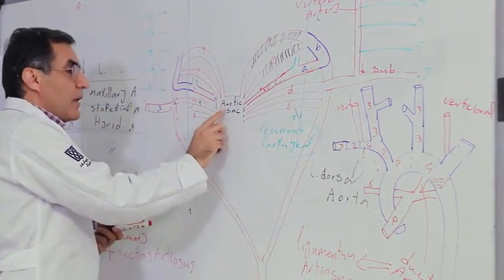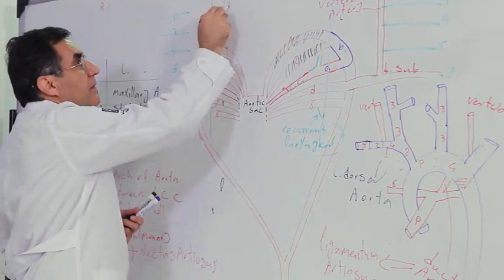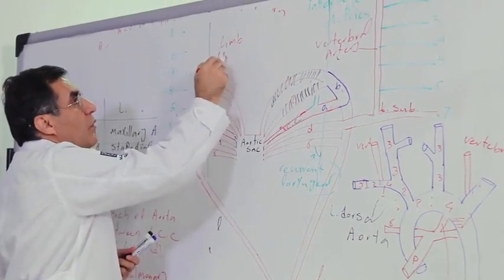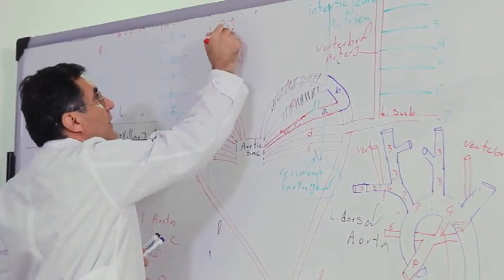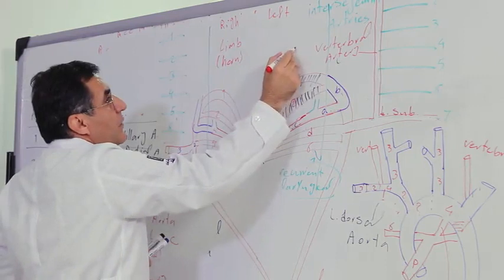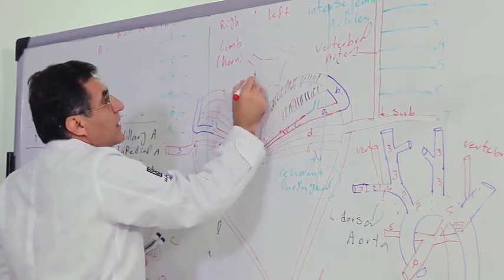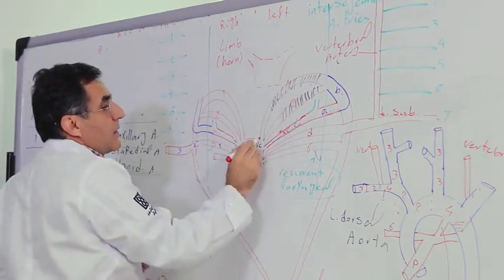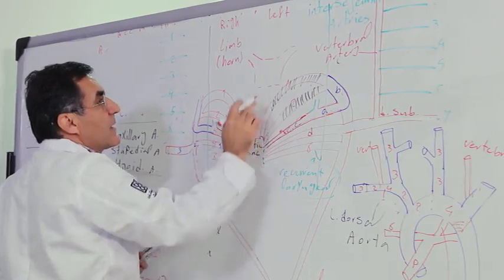As you remember, I told you that the aortic sac has two limbs or two horns. Some texts say right and left horn, because if you imagine the aortic sac is like this, here and here, the right and left horn or limbs.